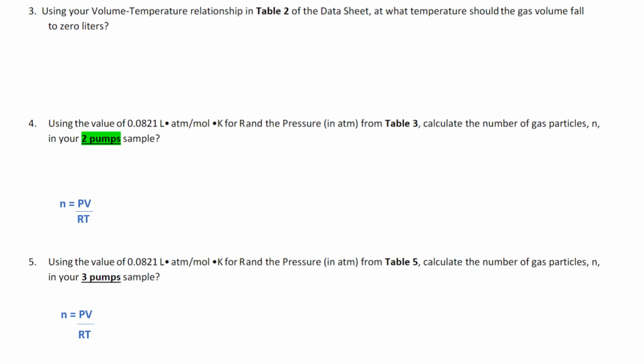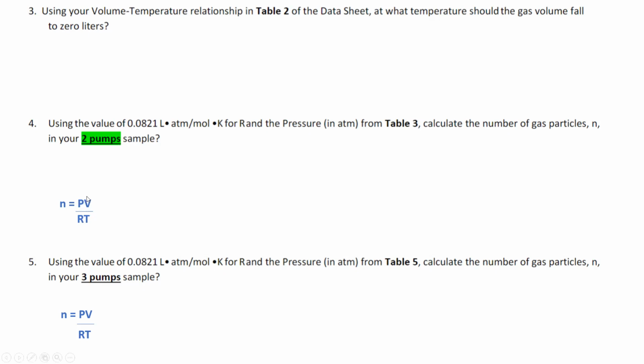Using the value of 0.0821 liters times atmospheres over moles times Kelvin for R, and the pressure in atmospheres from table 3, calculate the number of gas particles N in your 2-pump sample. So whenever we're calculating for N, we can just rearrange the ideal gas law to solve for N. And we're going to look at table 3 again to get the pressure.